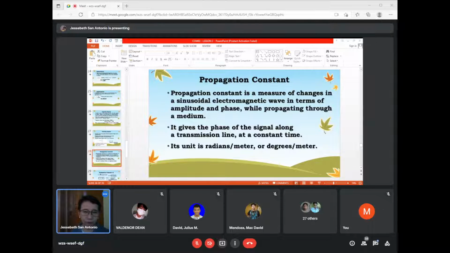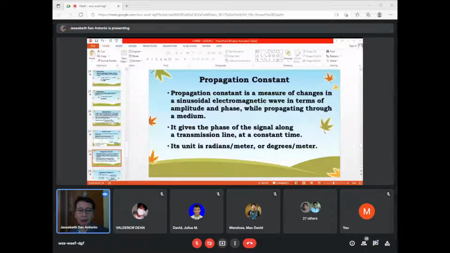Propagation constant. Ano yan? Propagation constant, phase of the signal along a transmission line at a constant time, so that the unit is radian per meter or degrees per meter.